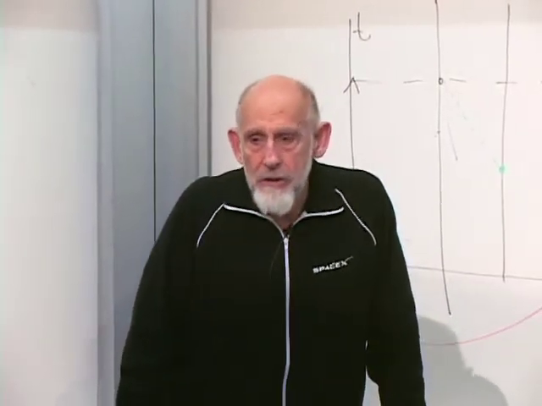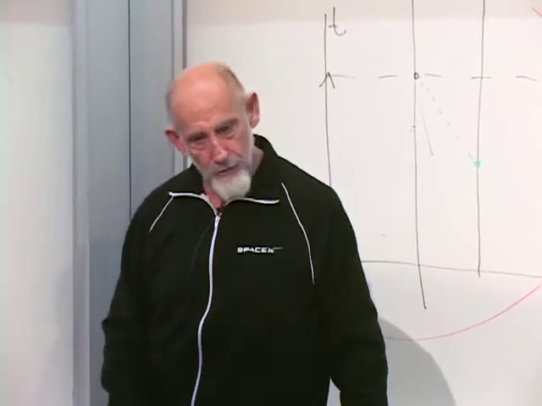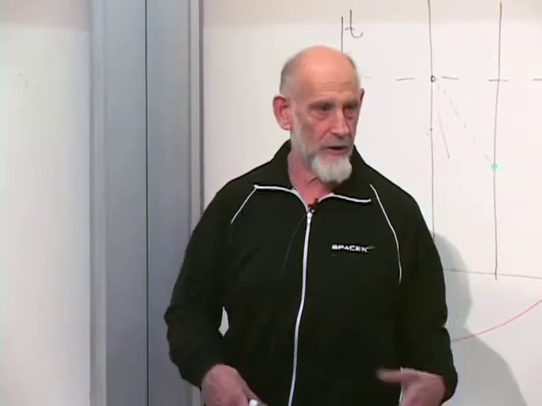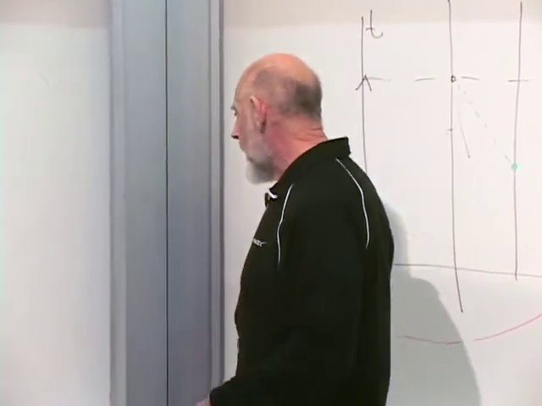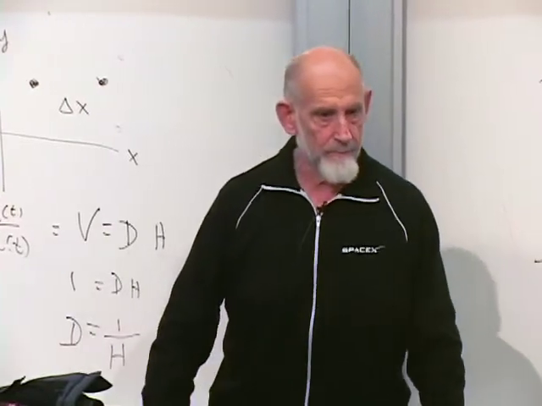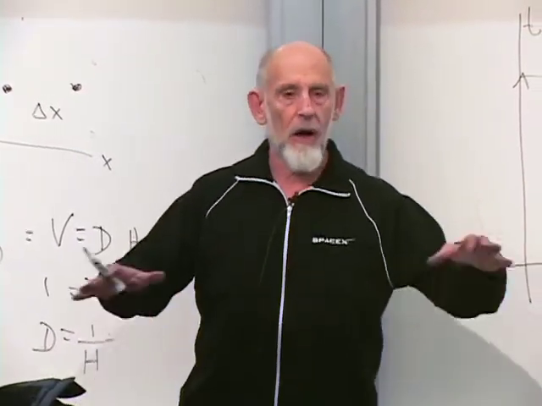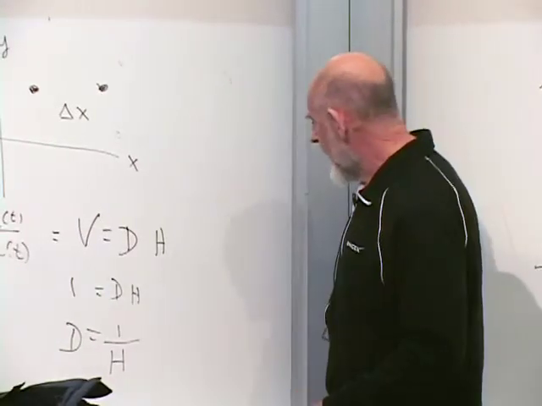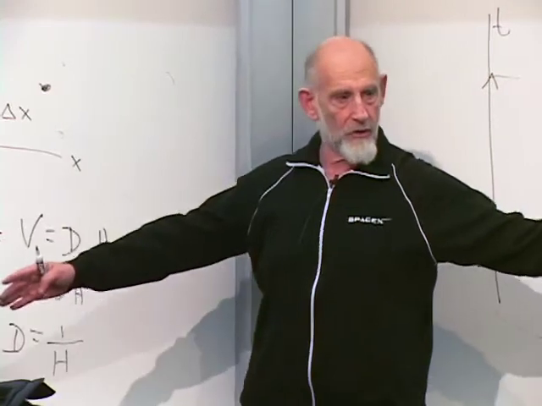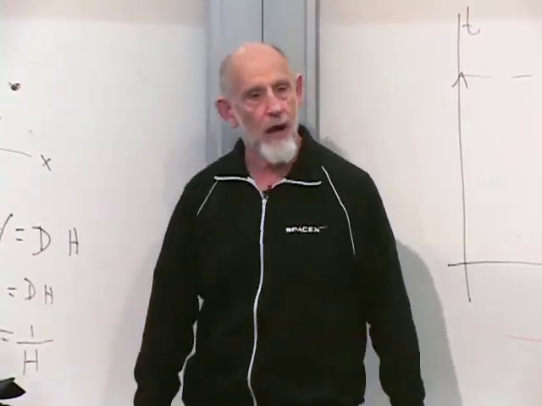Now in most cosmologies that were studied in the past, the Hubble constant decreased with time. As time went on, the Hubble constant got smaller and smaller, which meant that the distance out to where things are moving with the speed of light relative to you gets larger and larger with time.